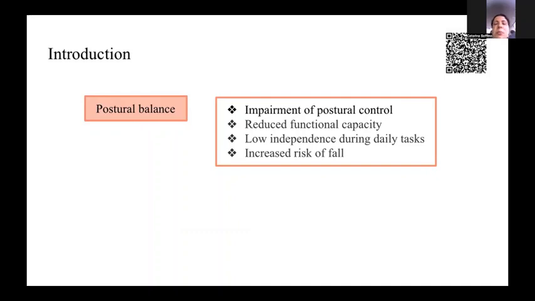The principal impairments that we can see in postural balance in COPD are impairment of postural control and reduced functional capacity, because of poor muscular synergy that can involve the trunk and thorax, and this can reduce the ability of contraction of the diaphragm and abdominal muscles.